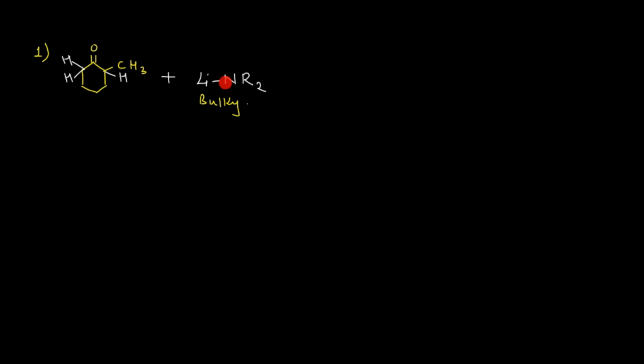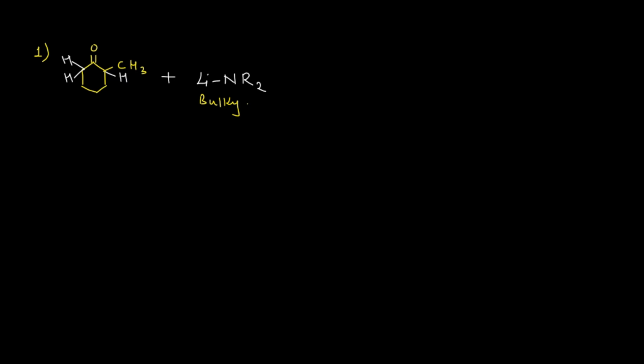So your LDA will not go to grab this particular hydrogen, but that nitrogen actually will grab one of the hydrogens from these two which are present on the left-hand side of your cyclic system. Okay, so how does the reaction happen in that case?